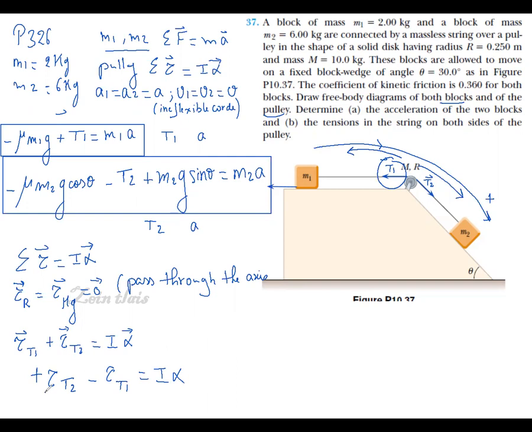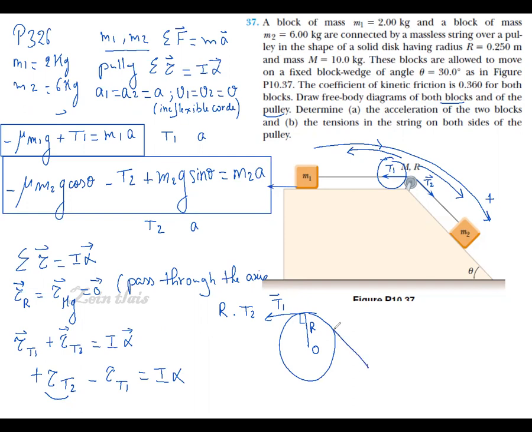And now we can write the absolute value of tau. You know tau equals the radius times F. If we have the pulley here, here we have T1, here we have the axis, tau equals r times T1.